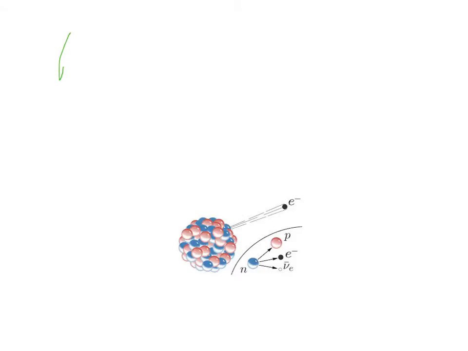Next up is beta minus emission. Now, as I say, there is something called beta plus emission, which we'll learn about later on in the chapter. Okay, so again, from GCSE, you should remember that a beta minus particle is in fact a fast-moving electron.